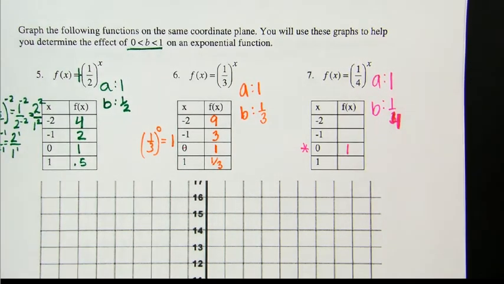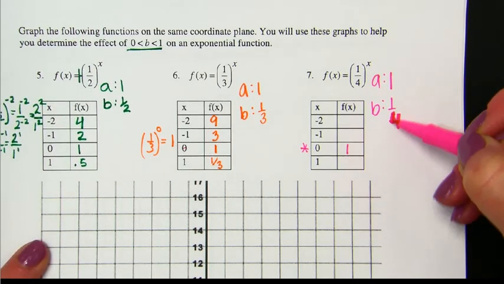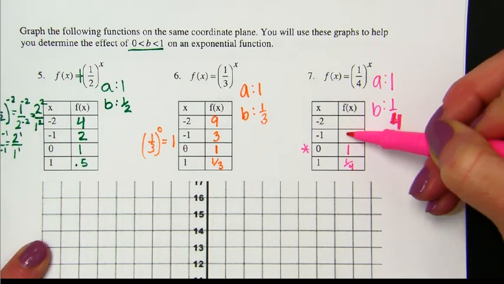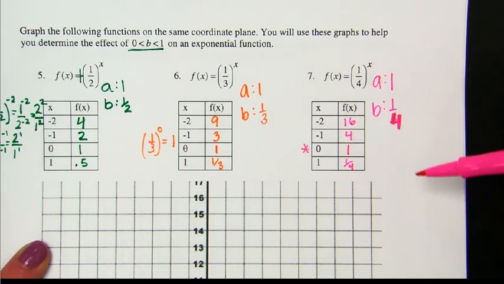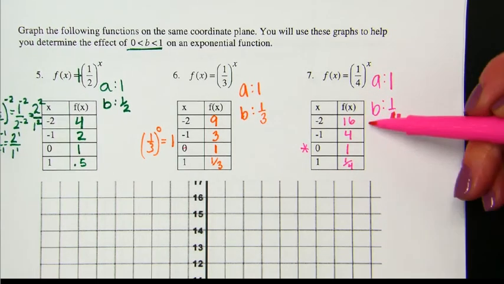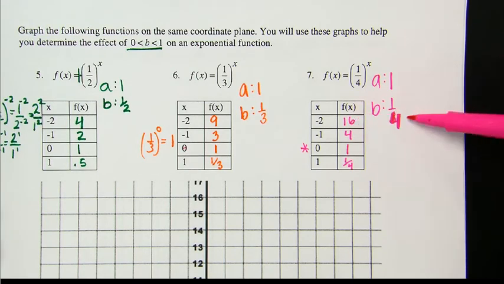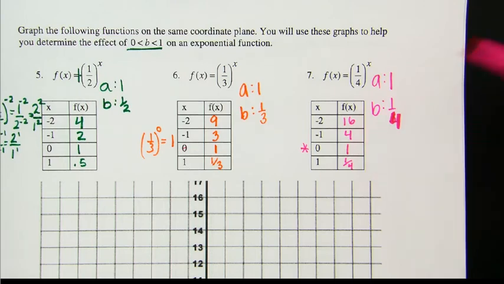Hopefully you caught that and fixed it. So if my ratio is 1/4, that would be 1/4. If I back it up, this would have to be 4 and 16. Now, if you go through and do this, just double check with your ratio that you're doing your math right. 16 times 1/4 is 4, 4 times 1/4 is 1, 1 times 1/4 is 1/4.